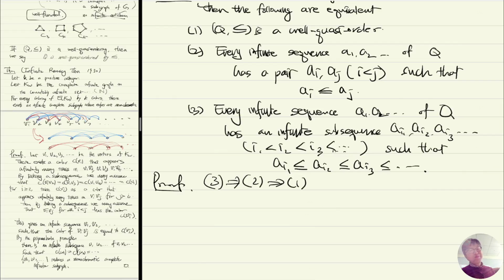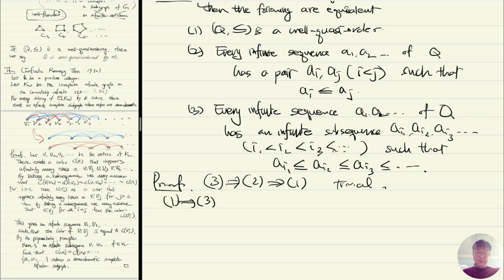If it's not well-founded, then you have a strictly descending subsequence, and that contradicts 2. If you have an infinite antichain, then you can take an infinite sequence from elements in the antichain, and that also contradicts 2. So this direction is trivial.